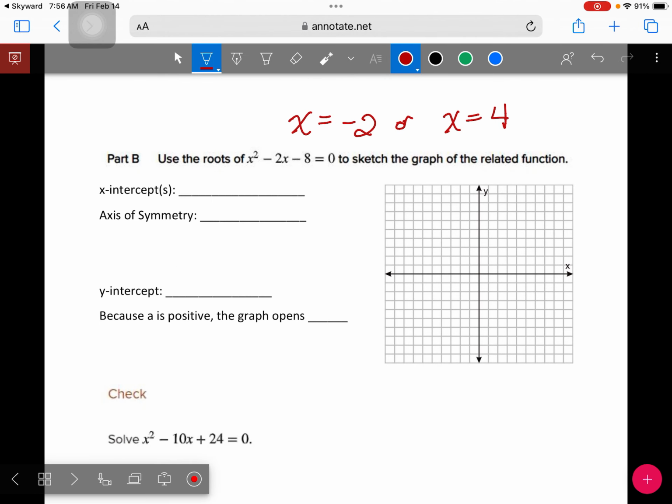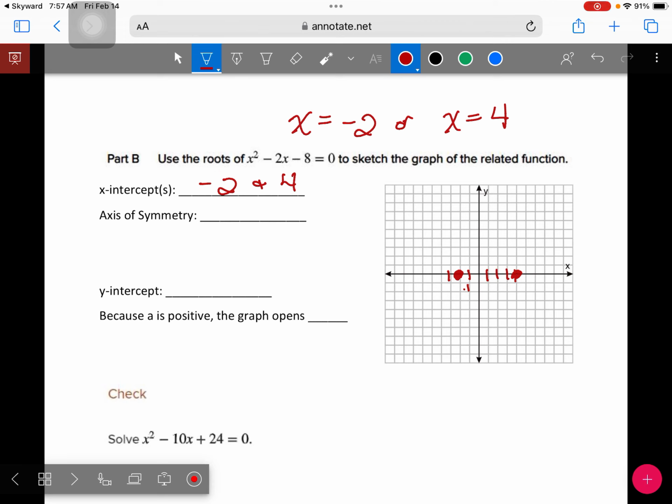So if I'm counting these units by 1, here's 1, -1, -3. So x equals -2 is right there. X equals 4 is right here. So your x-intercepts are -2 and 4.